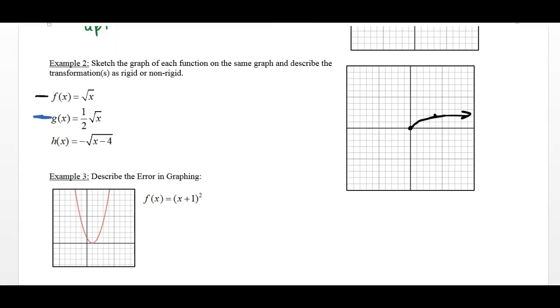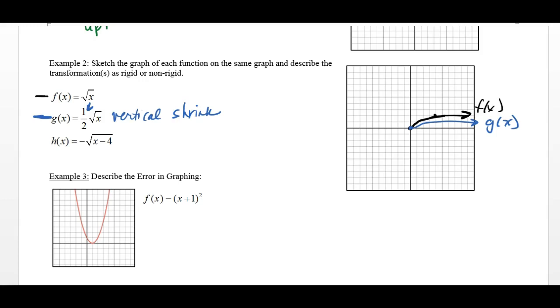It's 1/2 of the square root of x, so that 1/2 out front is a vertical change, but because it's a fraction, less than 1, we would call this a vertical shrink. Instead of pulling the graph towards the y-axis, it's going to pull it flatter towards the x-axis. Same starting point here, but it's going to pull it down this way. So this is g of x.